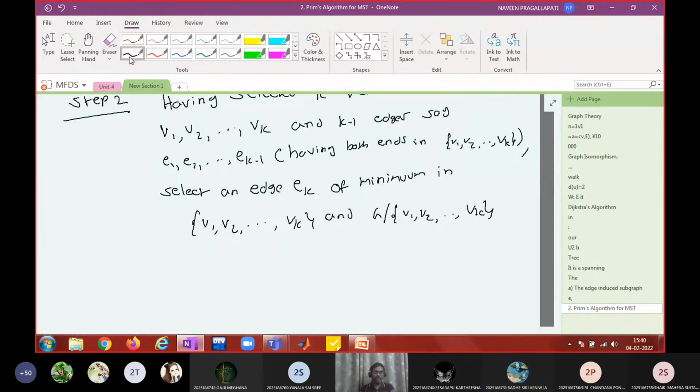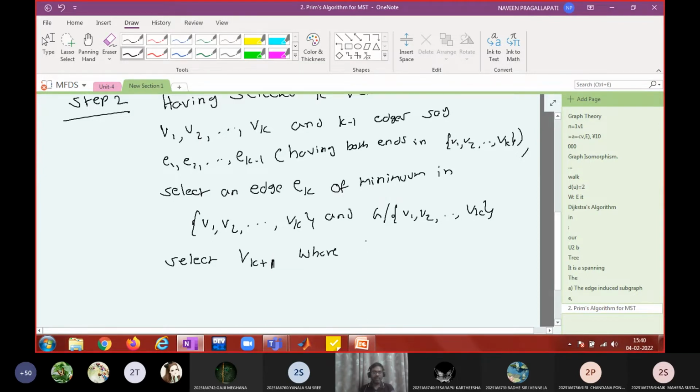So we are growing a tree. You can understand from this. Therefore, the new vertex would be Vk plus 1. Select Vk plus 1. Where?